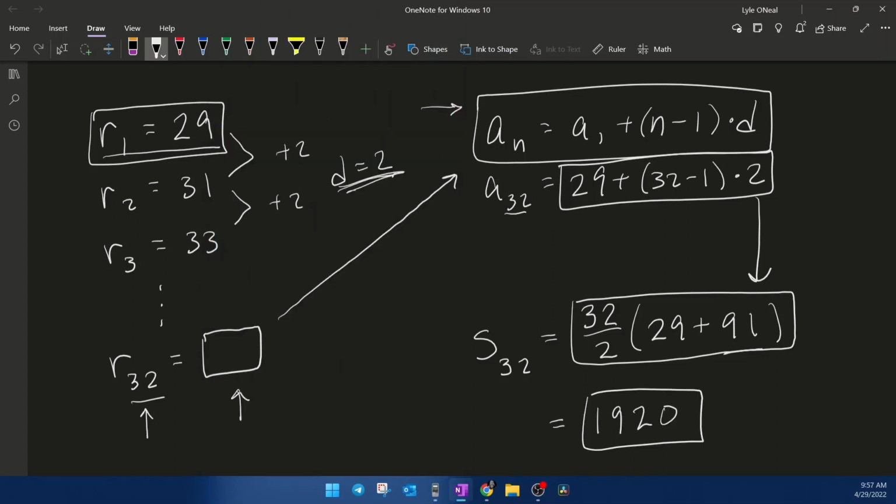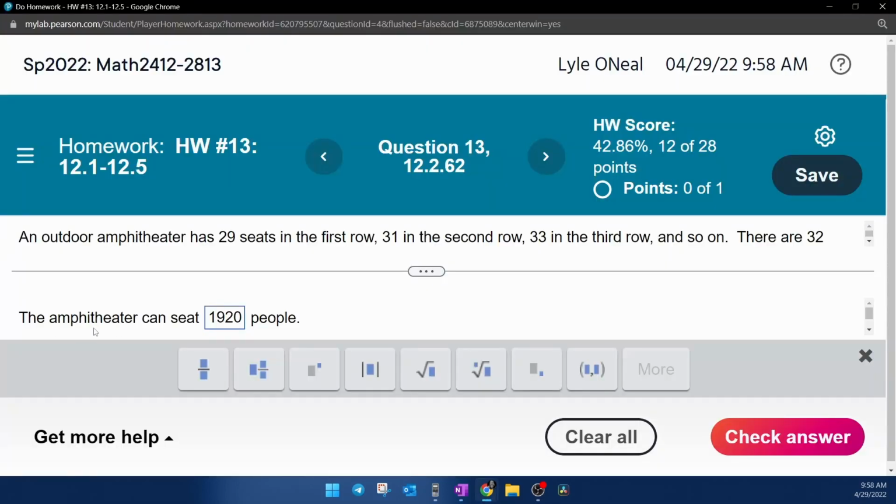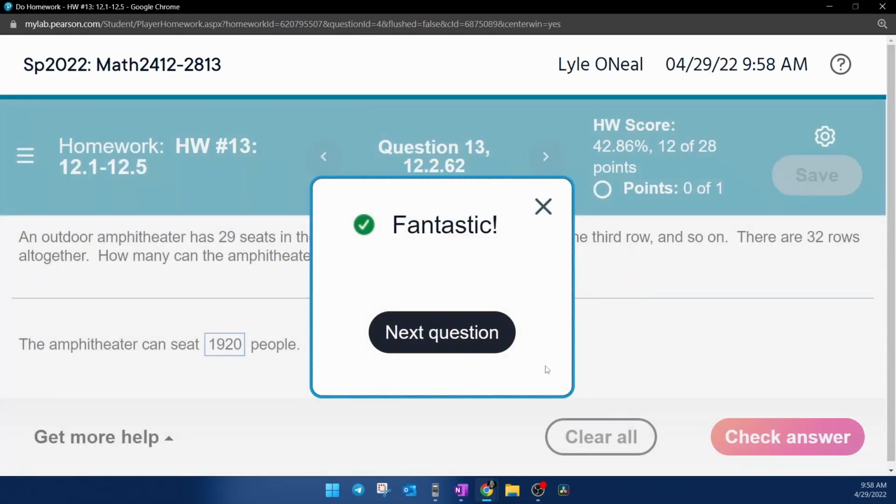And so now let's go ahead and take that answer back to our MyLab Math and see how we did. And so again, based on our calculations, the amphitheater can seat 1,920 people, and we're done.